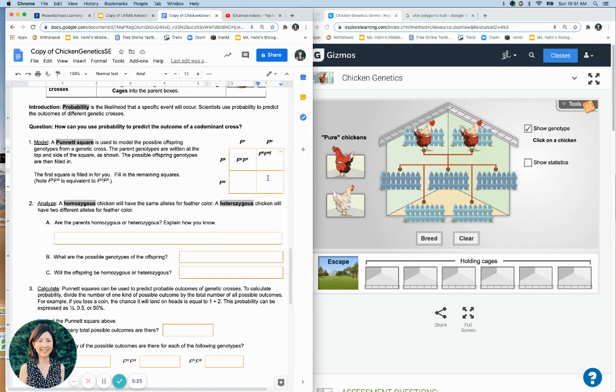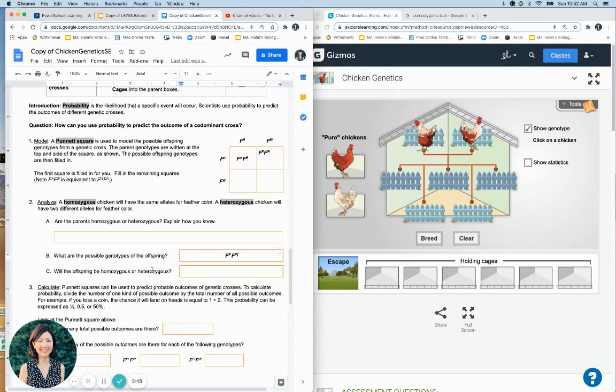And then you'll have your boxes all filled out, and you're going to write the possible genotypes. So here's one of the possible genotypes. You can just copy it and paste it. And then here's going to be the other one, the other one, the other one. Those are going to be the possible genotypes. And it's going to ask, are the offspring going to be homozygous or heterozygous?